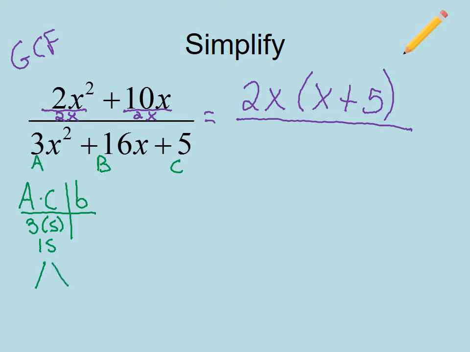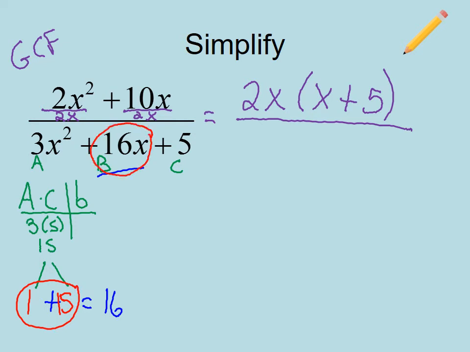I need 2 numbers that multiply to get 15, but add to equal 16, my B. So when I get this, 15, okay, well, what times what equals 15? Well, 1 times 15, and hey, 1 plus 15 equals 16. So these 2 numbers are going to replace this.